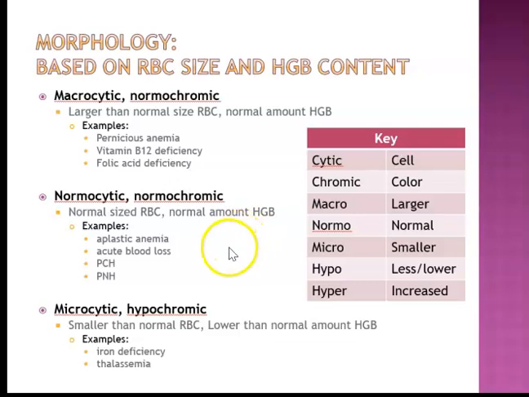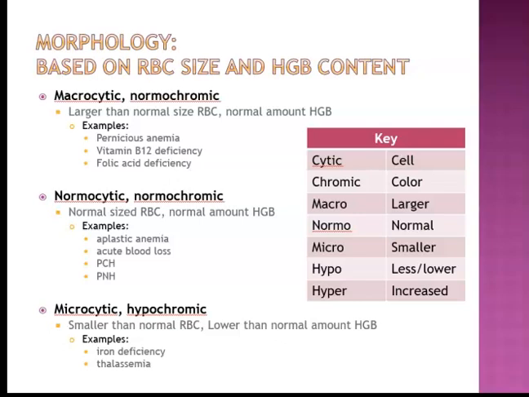red blood cells as far as anemia is aplastic anemia, an anemia where there's a bone marrow failure. Also, you could have normocytic normochromic red blood cells in just acute blood loss. Also in PCH anemia, which is caused by the presence of cold reacting autoantibodies in the blood.